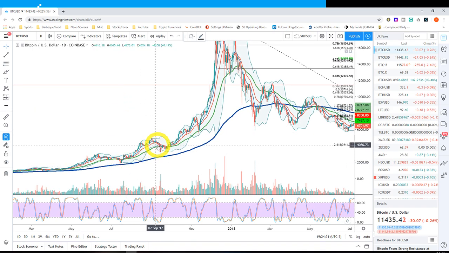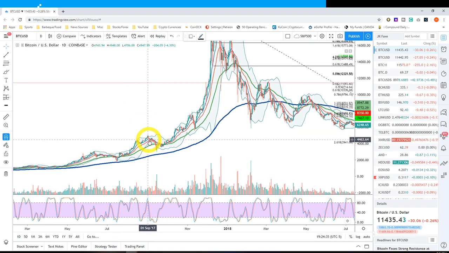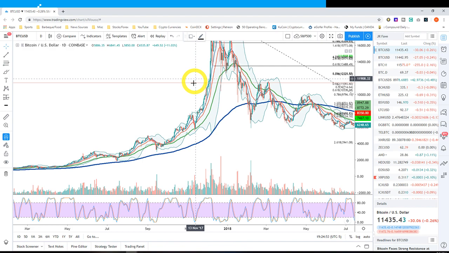See this? I wonder what these people back here in September of '17 were thinking after it made this high and then came crashing all the way down to the 200-day moving average. You had the 10, 20 crossing through the 50, and everybody was probably thinking it was the end of the world. And then this thing turns and reverses and just goes ballistic.